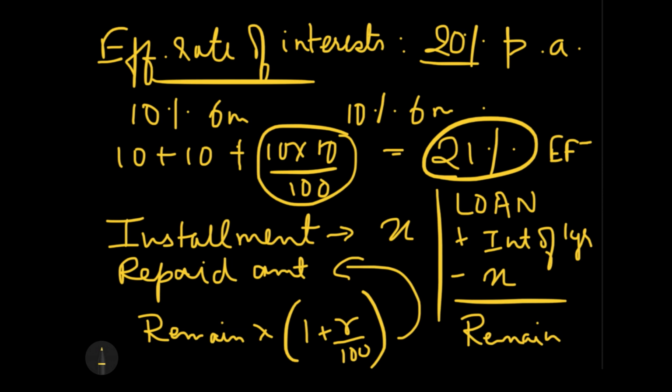So in the question, you would be given the loan, the interest you earned in the first year, and then what amount of money is remaining. You just need to multiply it with 1 plus R by 100, and that would eventually give you your repaid amount. Now since the repaid amount is already given in the question, you can easily calculate the installment which you paid for that year.